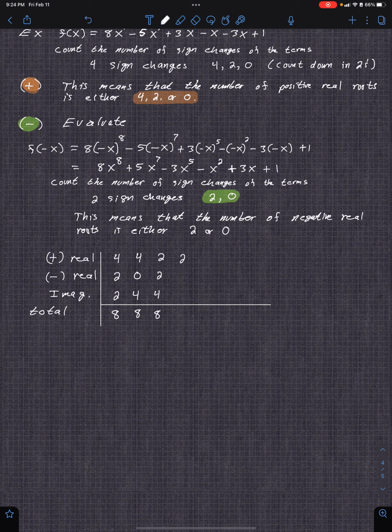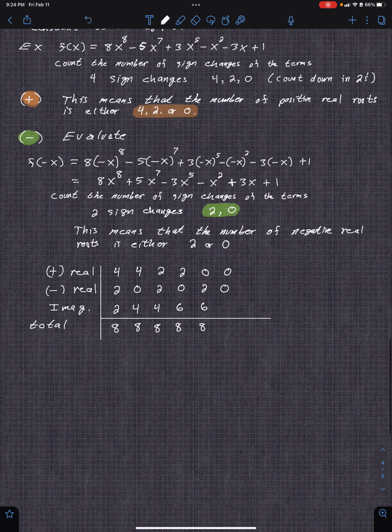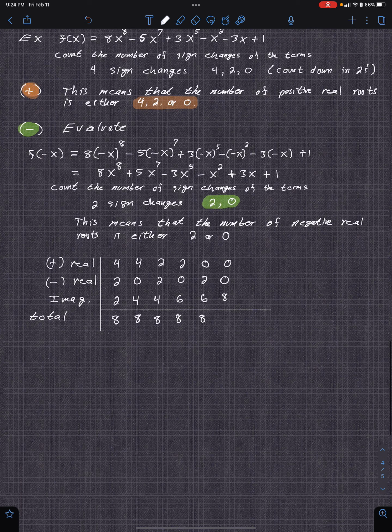Then 2 positive and 0 negative, there must be 6 imaginary, which adds to 8. Next, 0 positive and 2 negative, there must be 6 imaginary, adding to 8. And the last case, no positive and no negative, then there must be 8 imaginary roots.